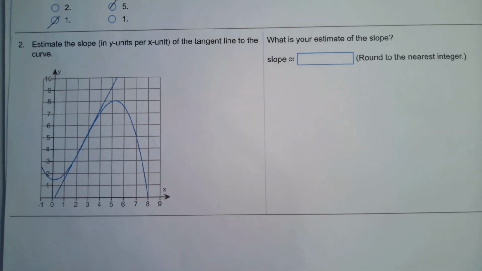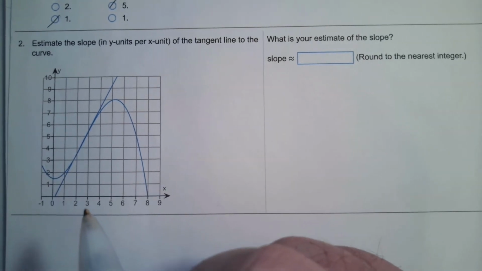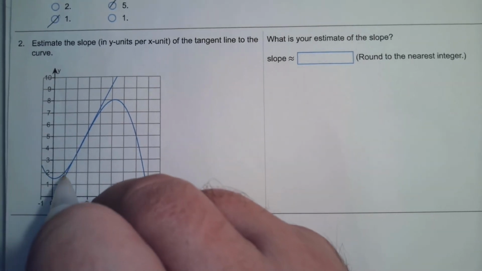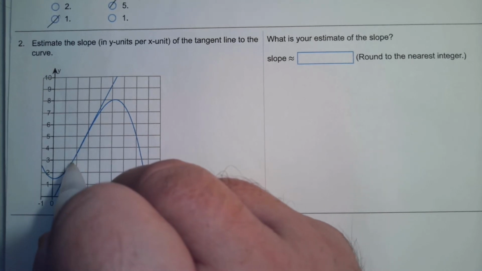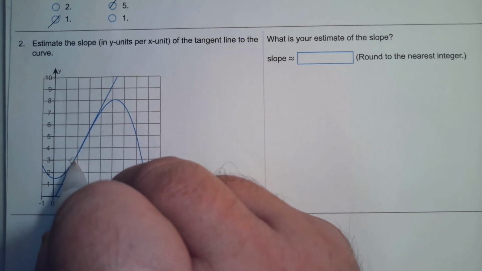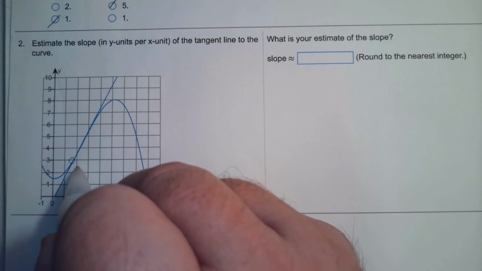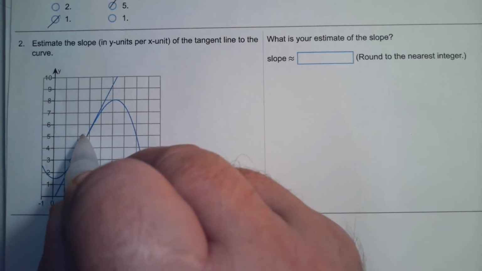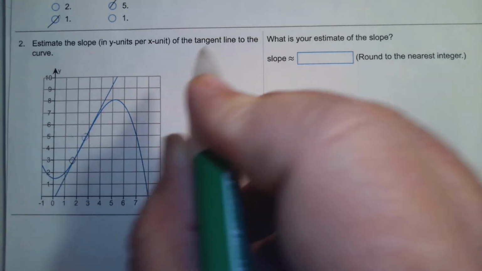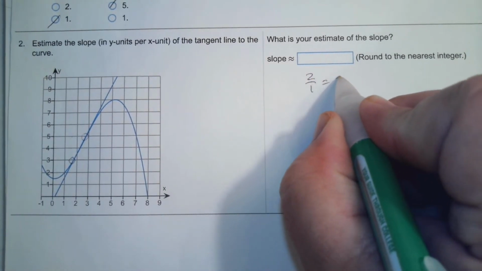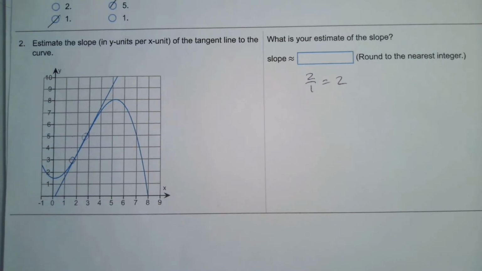It's not saying to calculate it, it's to estimate it. So this point here, it's that close. So 1, 2 over 1. So it's 2 over 1, which is 2.